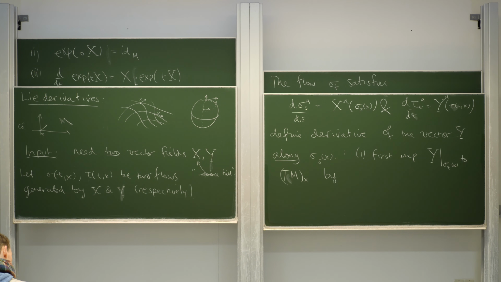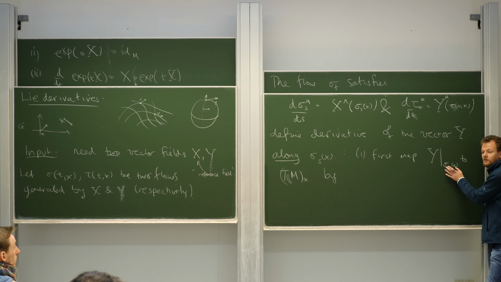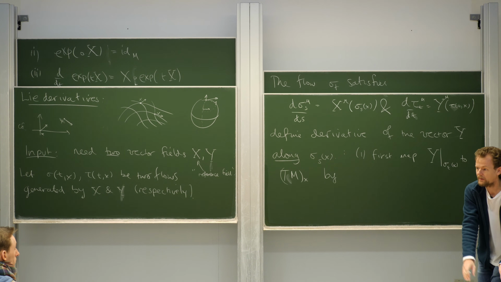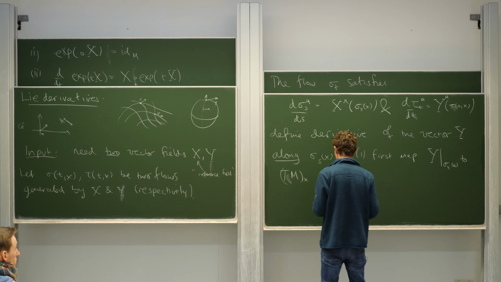So how are we going to do this? Well, here's the thing: sigma is a diffeomorphism because by assumption this is an isotopy. We're in the compact manifold case. So we can find out what this vector is at x by pushing this map forward. So there's a canonical way to get a vector at x.